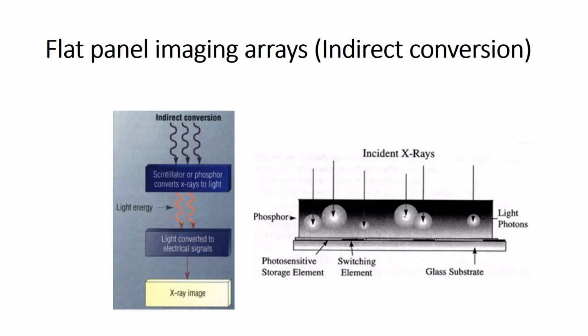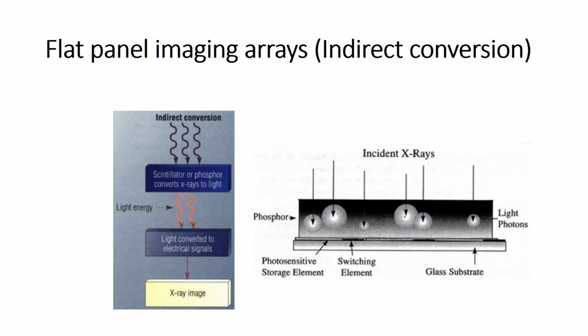Here in this picture you can appreciate or understand the X-ray photons interact with the scintillator or the phosphor layer of the indirect DR plate, which converts X-rays to visible light.